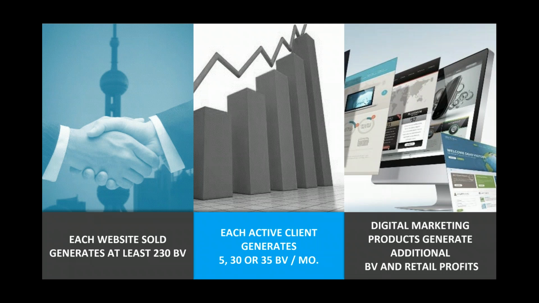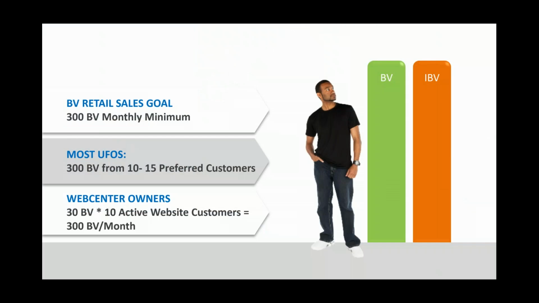So the idea is, even if you were to spend the next year focusing on one website client per month, and let's say that you were able to get 10 website clients that stay on board each and every month, paying that 30 BV per month, that's 300 BV coming into you and your organization each and every month like clockwork. So it really is the recurring or repetitive nature that is very powerful about website sales.